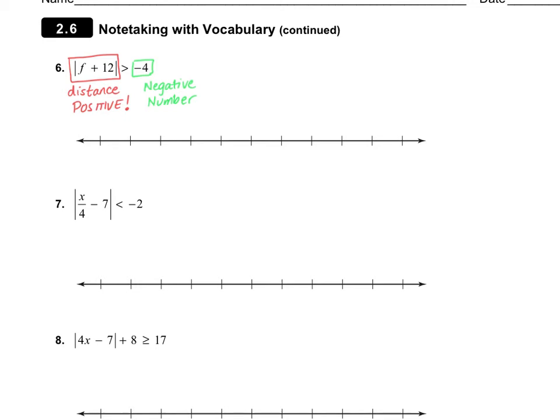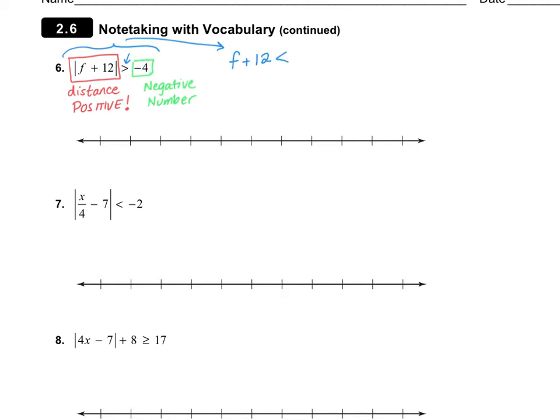I'm going to go ahead and solve it like we normally would. I'm going to use what we learned before. This is an or, which means that we're going to be doing what's inside the absolute value, f plus 12, is less than the opposite of what this is here.